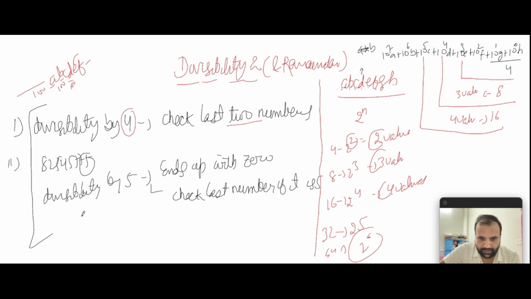So let's see. I want to check for 25. Let me take a big number over here, let's say 2725895. If you want to check whether it is divisible by 5 or not, if there is just one 5 at the end, we can conclude that certainly it would be. But can we conclude the same for 25?